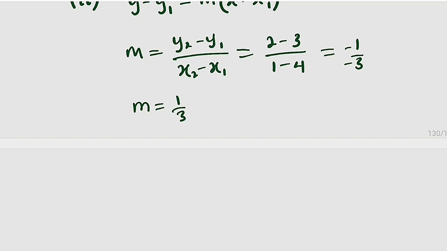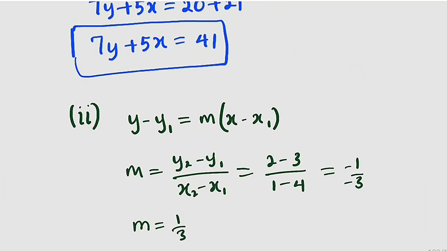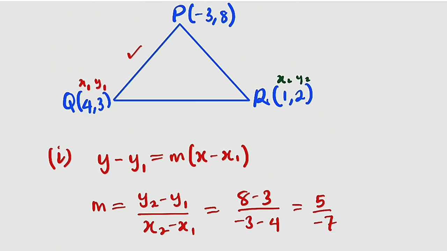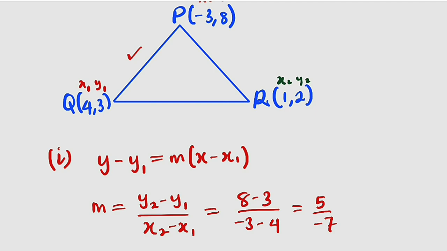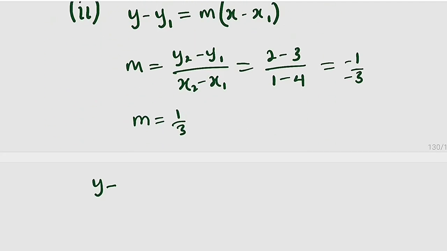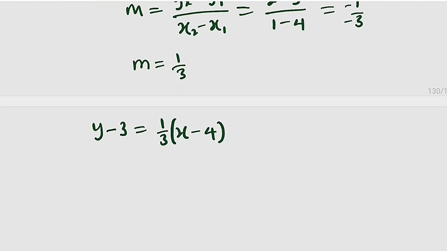So let's plug everything in. We have y minus, what is y1? y1 is 3 and x1 is 4. So this is y minus 3 equal to 1 over 3 times x minus 4. So let's multiply every single term by 3 just to clear this fraction. We have 3y minus 9 equals x minus 4.